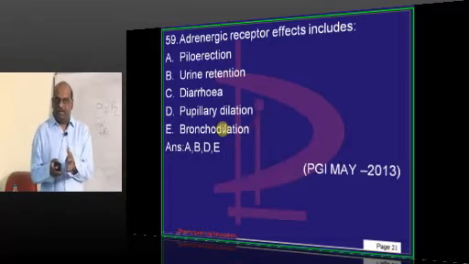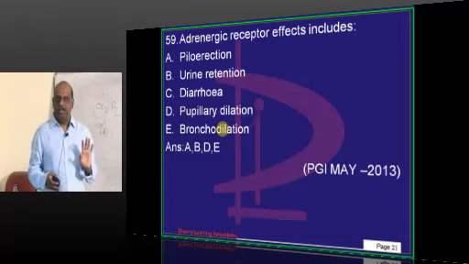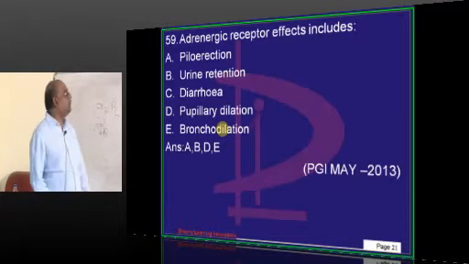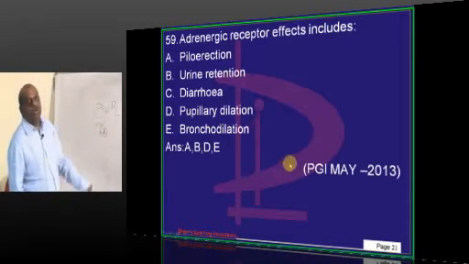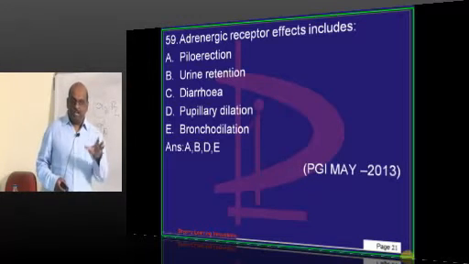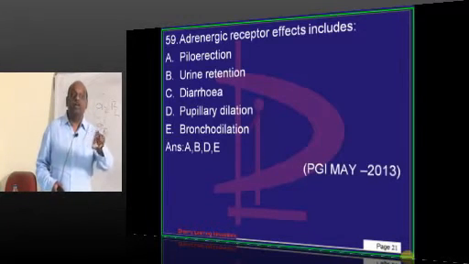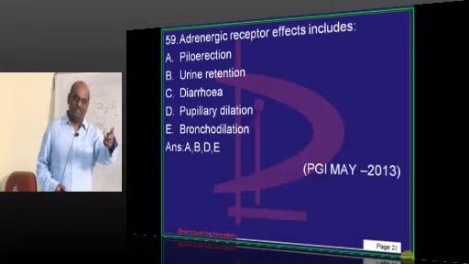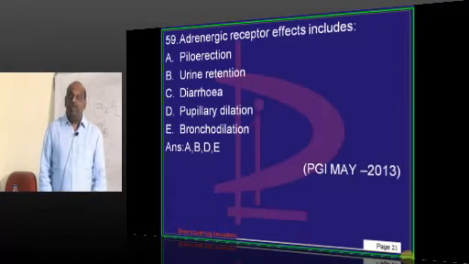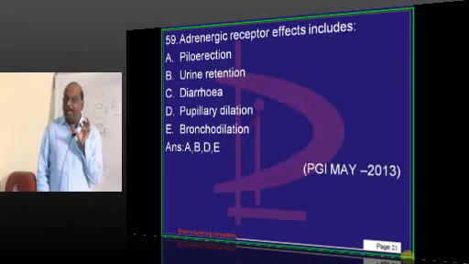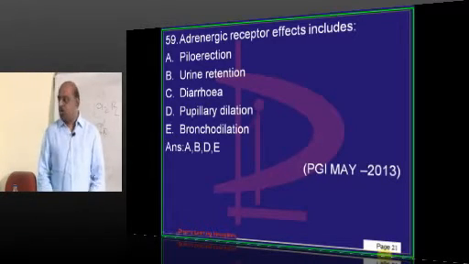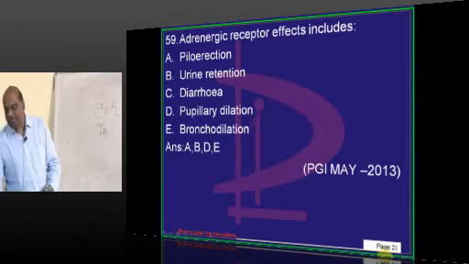Acetylcholine stimulates the detrusor and enables urination. Adrenergic should cause retention. So urinary retention, piloerection, bronchodilation. That's the reason in asthma patients, if cholinergic stimulation is there, bronchoconstriction occurs, and hence we give ipratropium bromide, which is anticholinergic, like atropine. And we give epinephrine to relieve the acute bronchospasm, because epinephrine is adrenergic, which leads to bronchodilation, is what you have to basically remember.